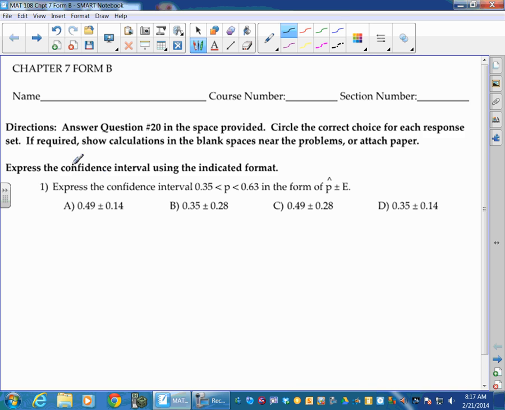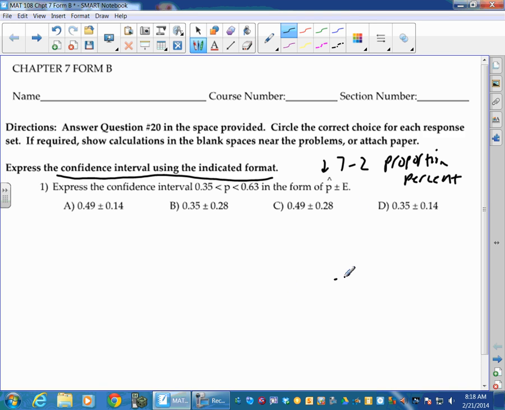Question number 1. Express the confidence interval using the indicated format. So, which board are we on when they talk about p hat? Yep, we're on 7-2. That's a proportion or a percent. Okay, either one.